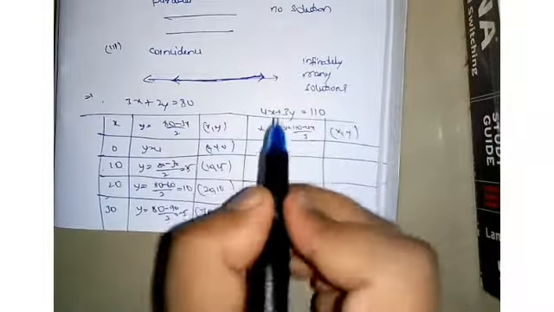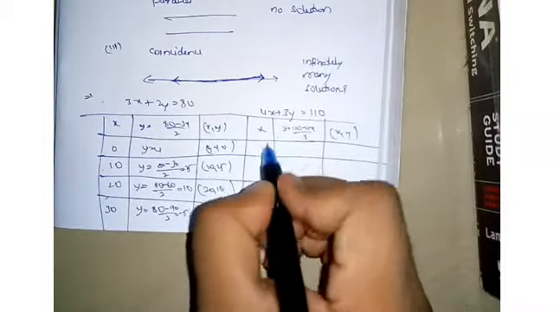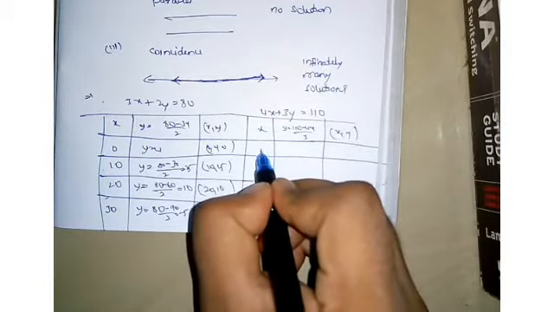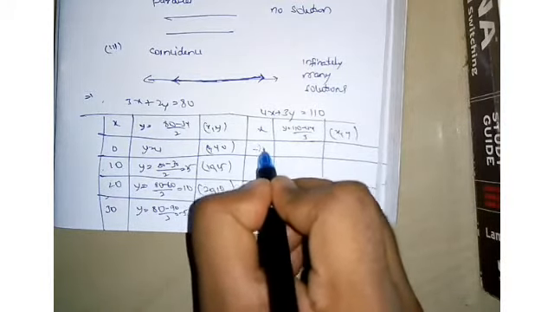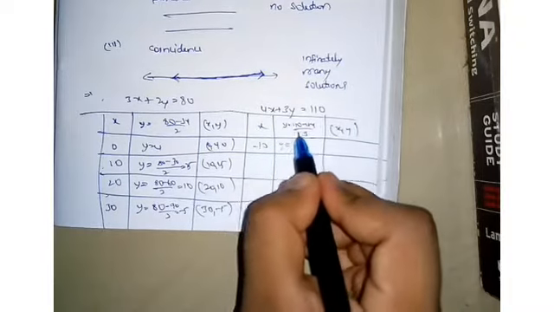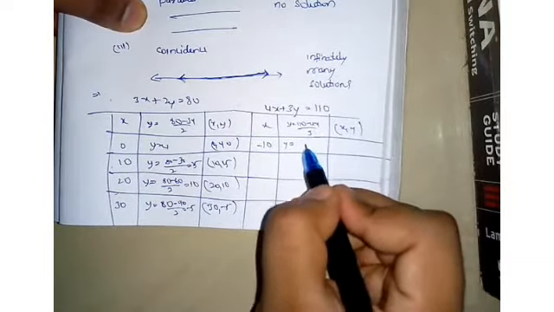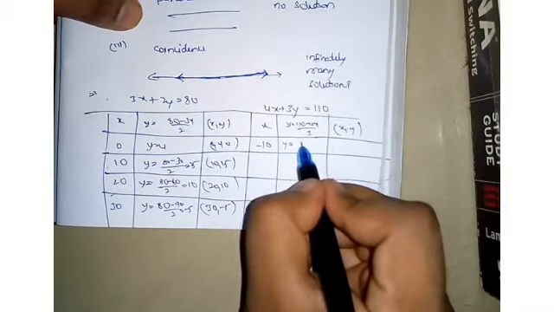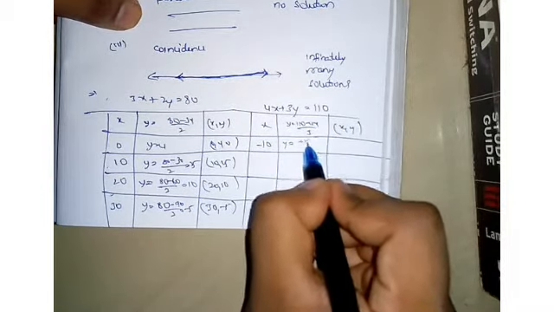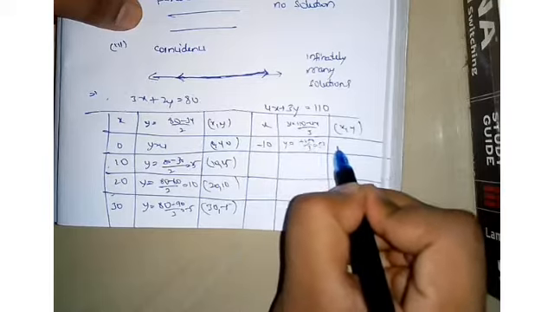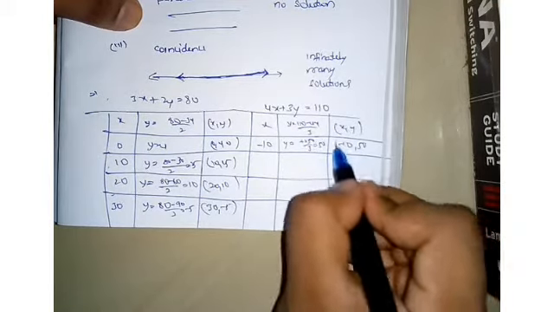Next, let's solve second equation. Let's start with minus 10. X equal to minus 10, y will be 110 plus 40, 150 by 3, which is equal to 50, so it will be minus 10 comma 50.